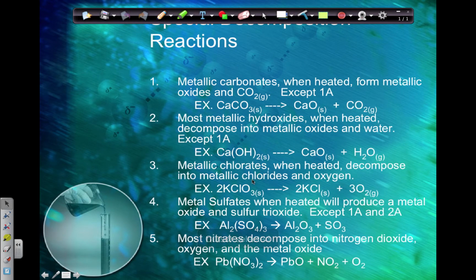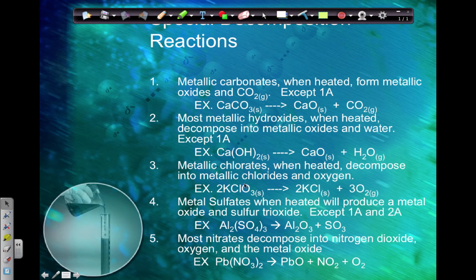Okay, so we have some more complex decomposition reactions. You need to know these rules. So if you have metallic carbonate and you heat it, you're going to make a metallic oxide and carbon dioxide. If you have a metal hydroxide, when it's heated, it's going to decompose into a metal oxide and water.